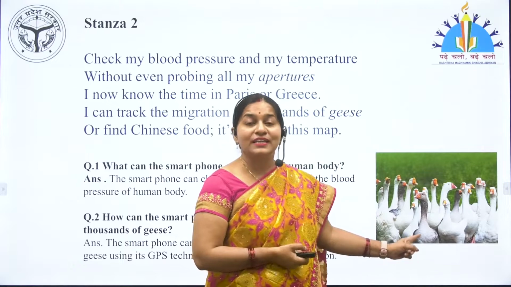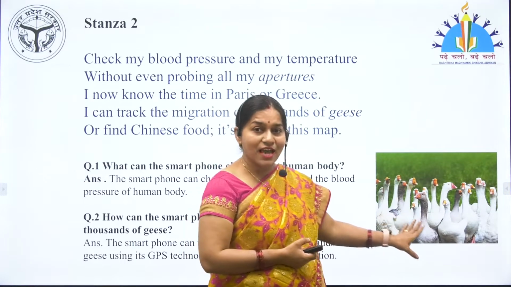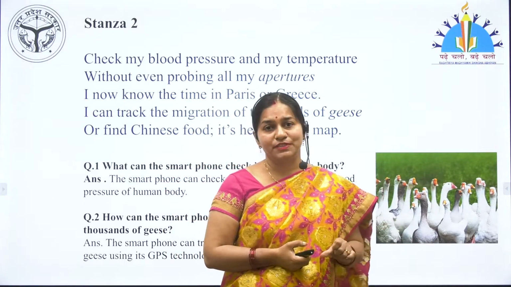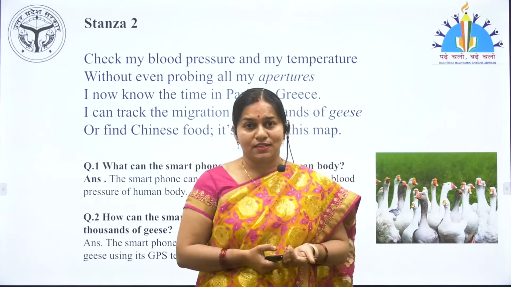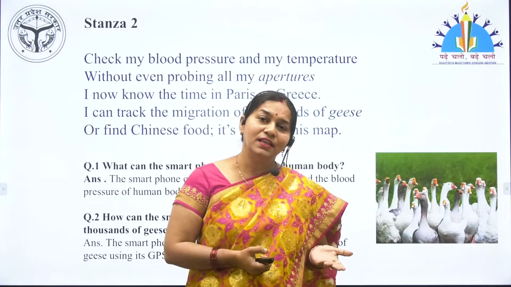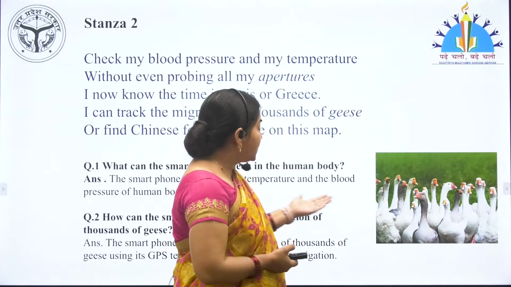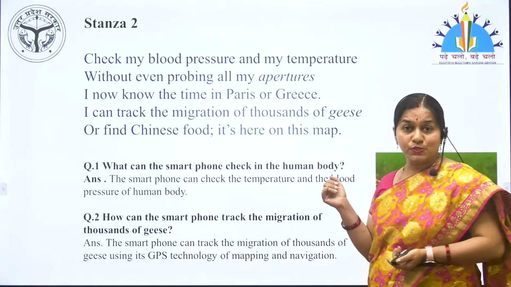Here I have brought the gaggle of geese for you. You can see it's a large bird and it is a migratory bird. It moves towards the breeding sites in the month of April, May or early June. So the phone can trace the migration of geese also.